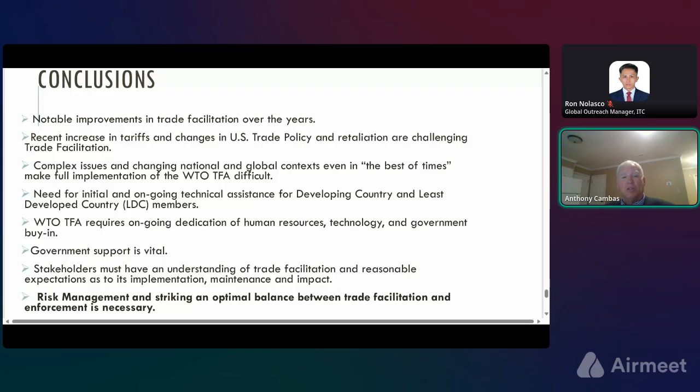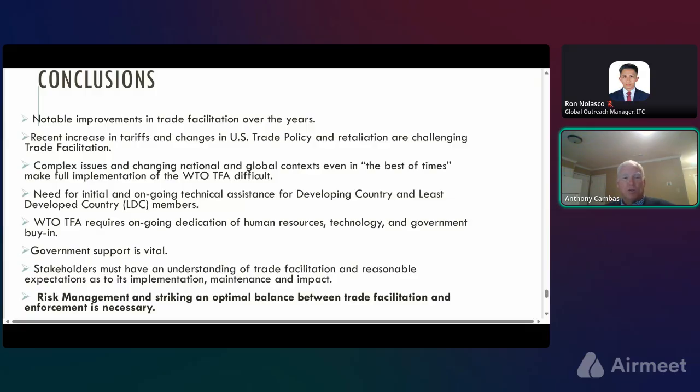So I've seen trade facilitation go from a concept that first wasn't even necessarily a term that was real popular or common in US customs when I started in the 90s, even though we were facilitating trade. And the revised Kyoto Convention, the Kyoto Convention going back to 1974, were on the radar for customs. But I've seen great improvements, and that includes an awareness of what it is and why it's important.